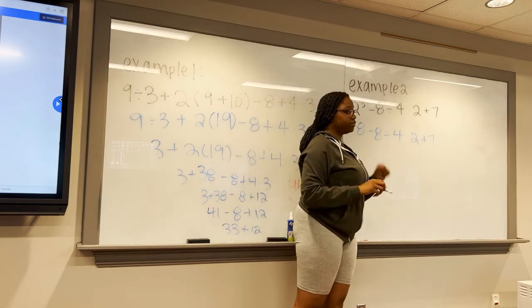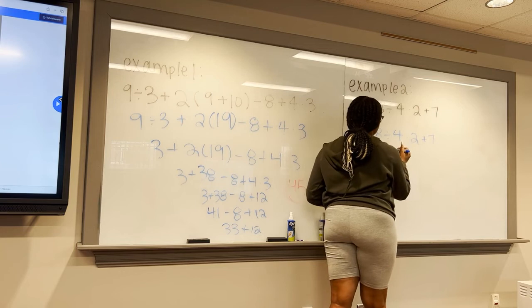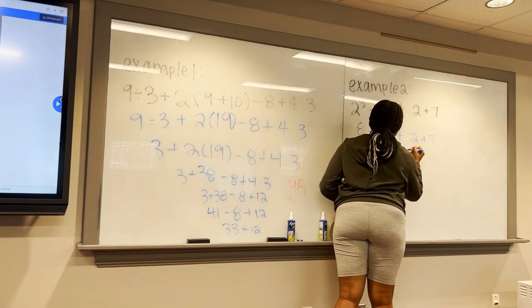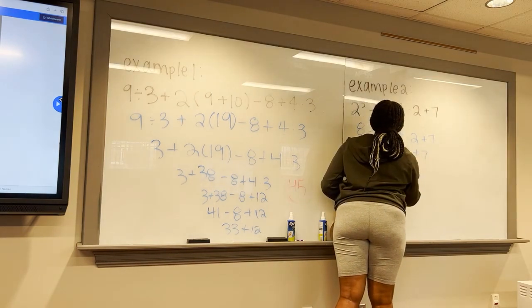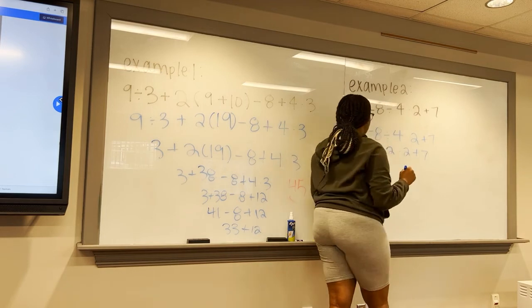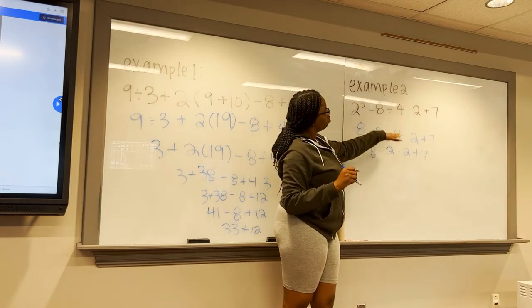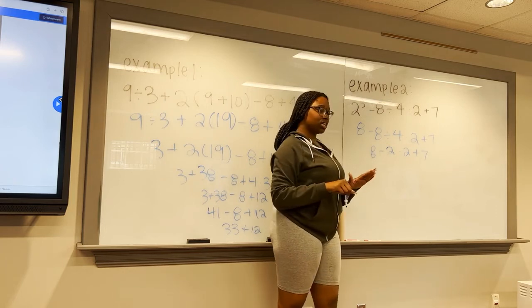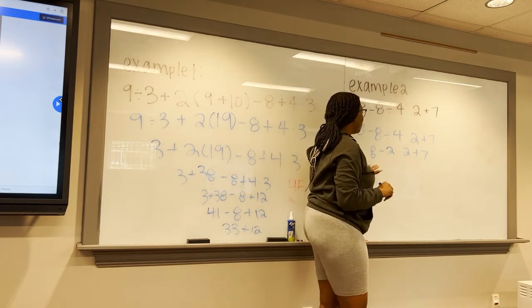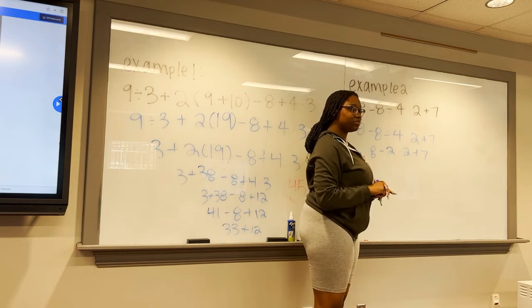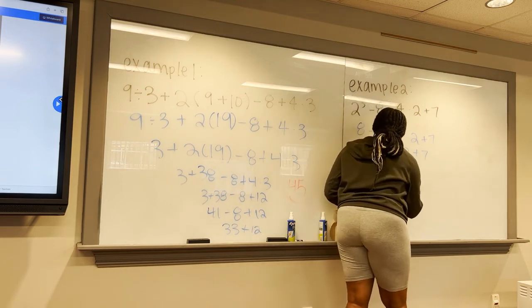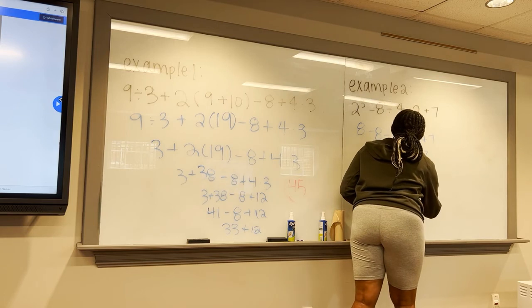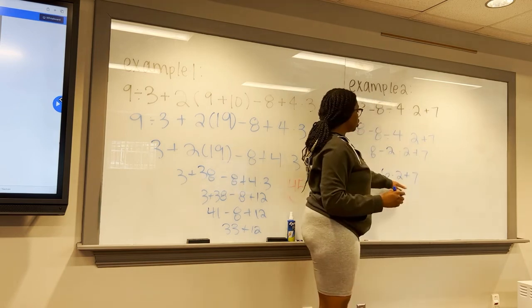What would you divide? 8 divided by 4, which is 2. Next step, 8 minus 2, which is 6. What is 6 minus 2 plus 7?